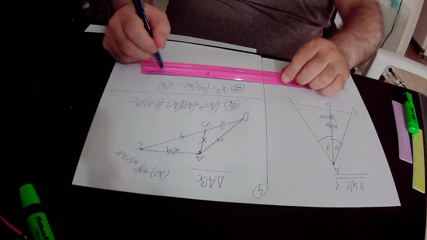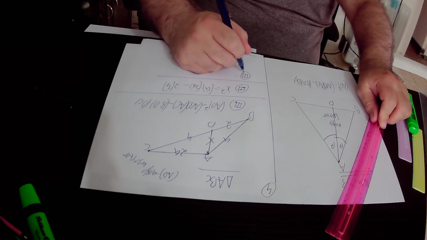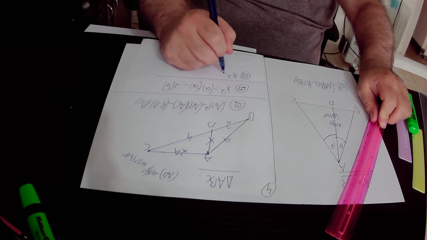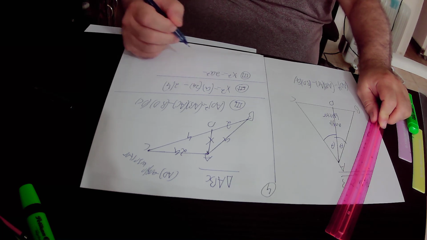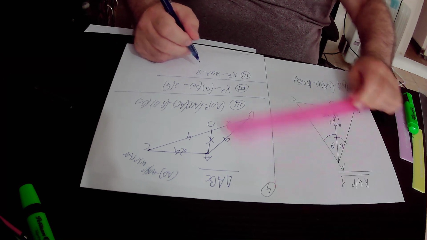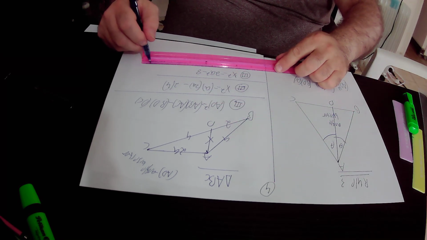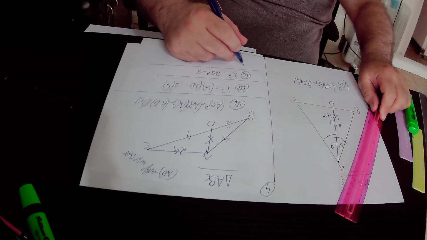So according to equation number 3, x squared equals A times 2A is 2A squared minus 2 times 4 is minus 8.